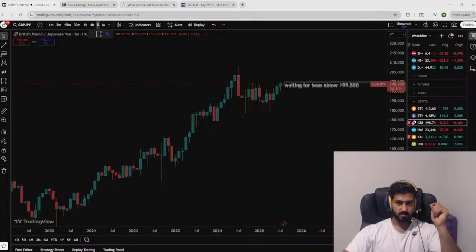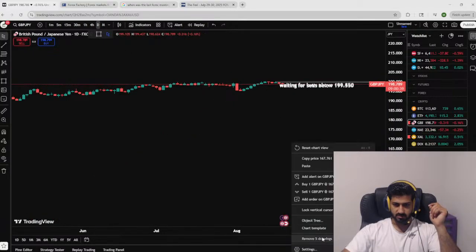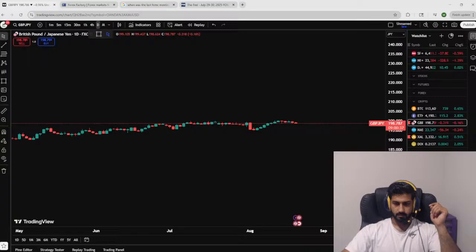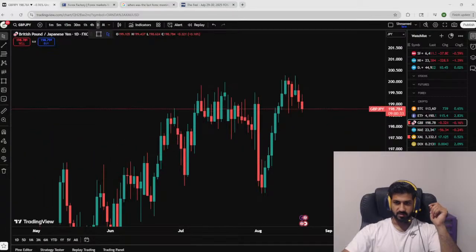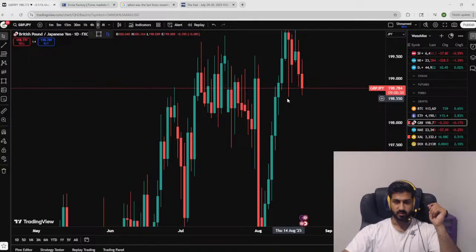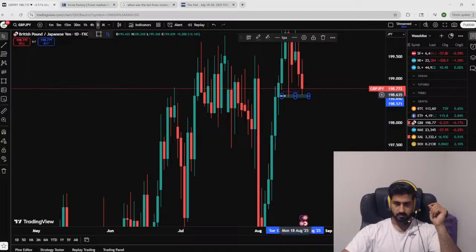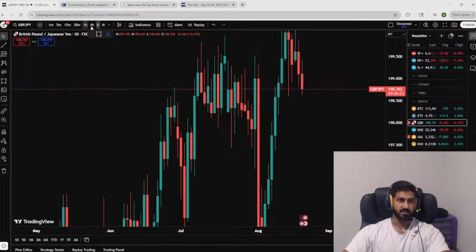GJ daily. Let's remove the drawings. So GJ is bearish. It has filled this wick on the left hand side. Actually, I'm not going to draw anything on daily. We'll go down to 4 hour.